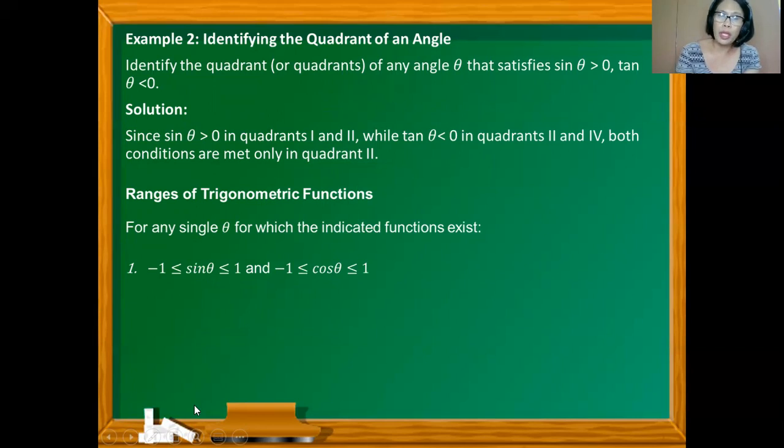Summarizing that using interval notation, this is from negative 1 up to positive 1, including negative 1 and positive 1. So the values of sine and cosine should be within that interval, including the boundaries.